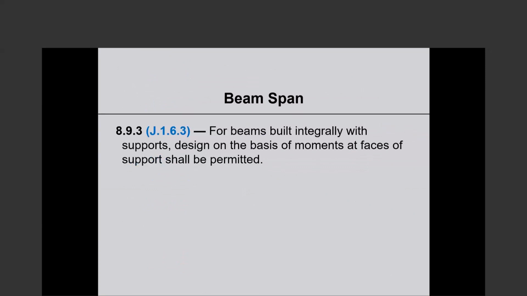For beams built integrally with supports, design on the basis of moments at faces of support shall be permitted. This is what we do all the time. Okay, the joints are treated as so-called rigid zones. So beam moments are calculated at the faces of the columns, and we design on that basis.